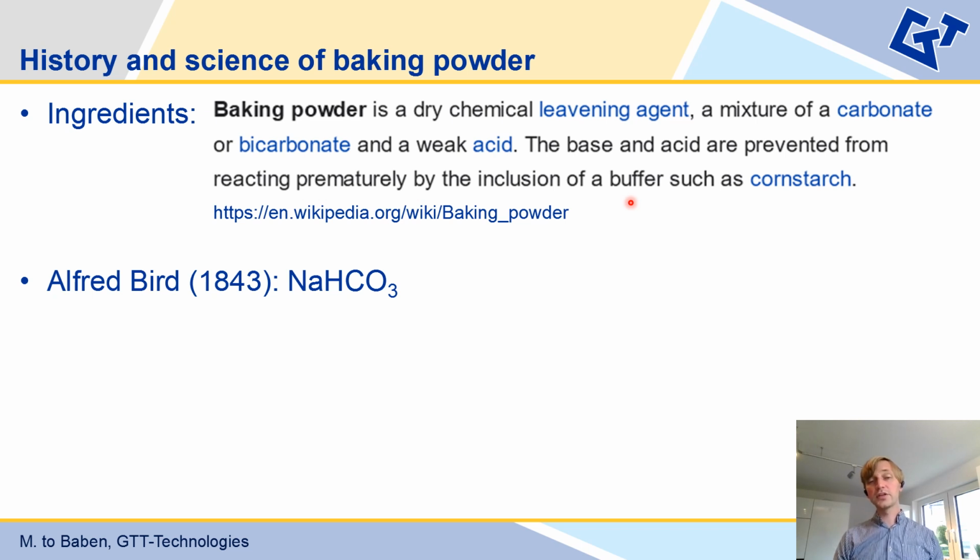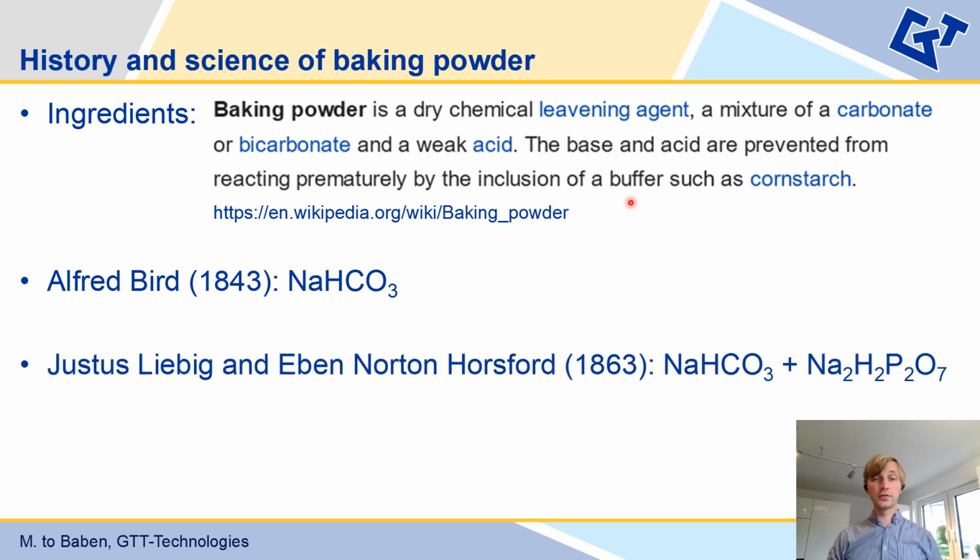The invention of baking powder was pioneered by Alfred Bird in the UK, who in 1843 introduced sodium bicarbonate in bread baking. The sodium bicarbonate would decompose and release CO2 during the baking process, which is then needed as a leavening agent.